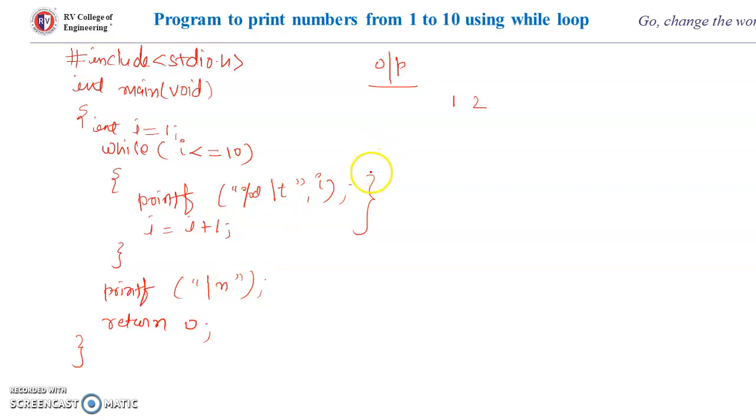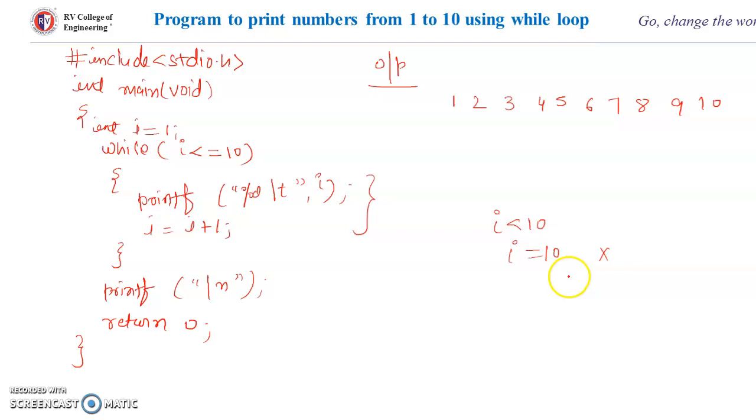If we write the condition as i less than 10, for example, the output will be 1, 2, 3, 4, 5, 6, 7, 8, 9, and once i is 10, the value will be incremented, becomes 11, the condition becomes false, and we come out. Actually with i less than 10, the numbers will be printed only up to 9, because the loop condition becomes false when the value of i equals 10.